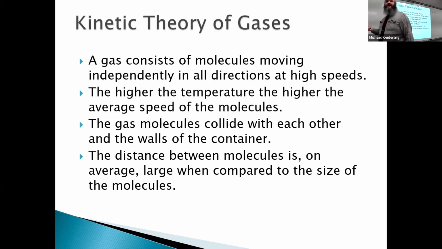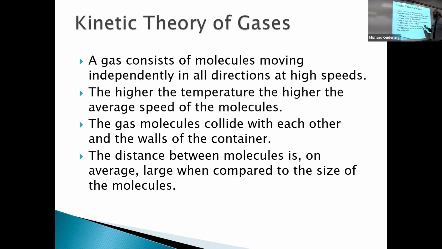So the kinetic theory of gases is that a gas consists of molecules moving independently in all directions at high speeds. So you basically use Newton's second law. You just use Newtonian mechanics, and you can build up from there to get a model of gases. And the idea is that the higher the temperature, the higher the average speed of the molecules.